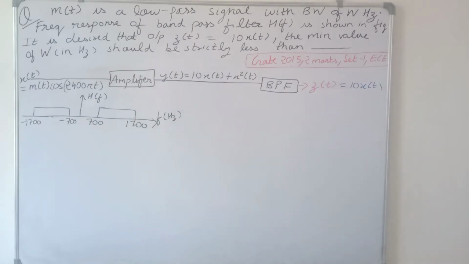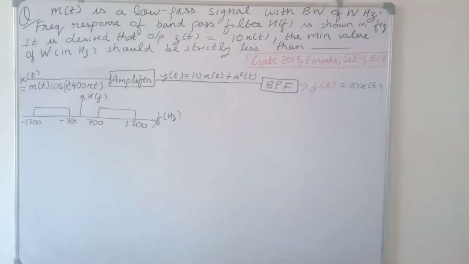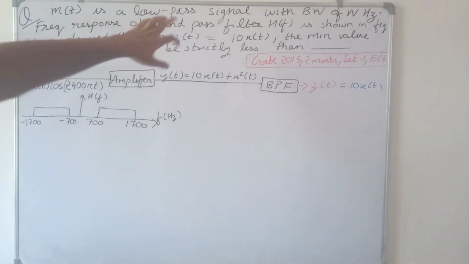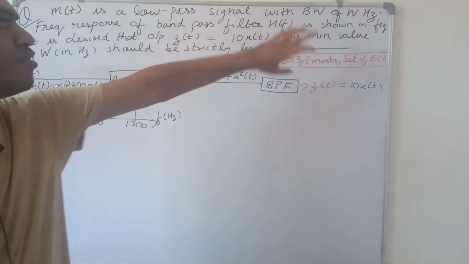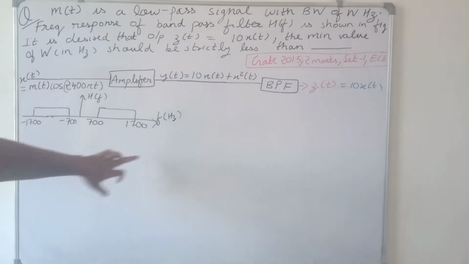So x(t) depends on m(t), and m(t) has a bandwidth of W. W has to be selected in such a way that the frequencies of 10x(t) lie within the pass band of the band pass filter, and the frequencies of x square(t) lie outside the pass band.